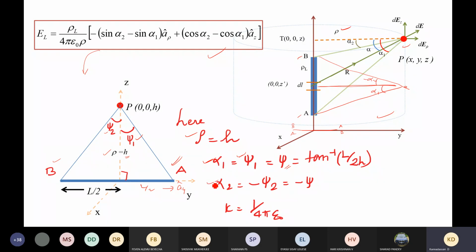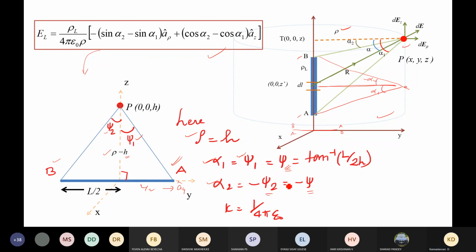Then alpha 2 is going to be psi 2, but it is on the opposite, negative side, so a negative sign. And we know that this length is exactly divided by half, so psi 1 and psi 2 are supposed to be the same. Here it is psi, and here it is going to be minus psi.